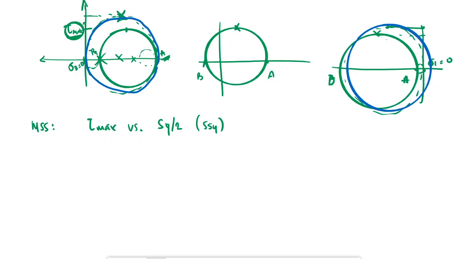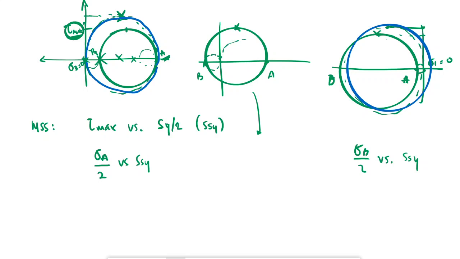And the way to do that is just getting sigma A minus 0 to get the diameter, and then divide by 2. So in those two cases, sigma A divided by 2 is what I would be comparing to SSY.